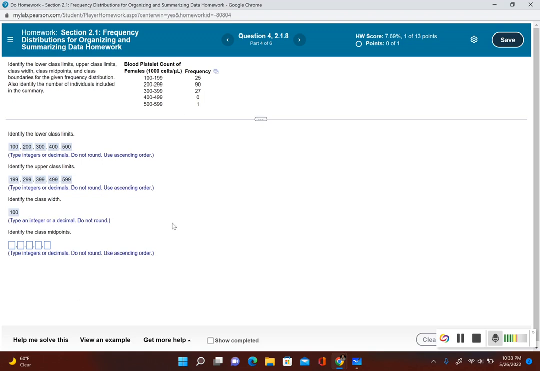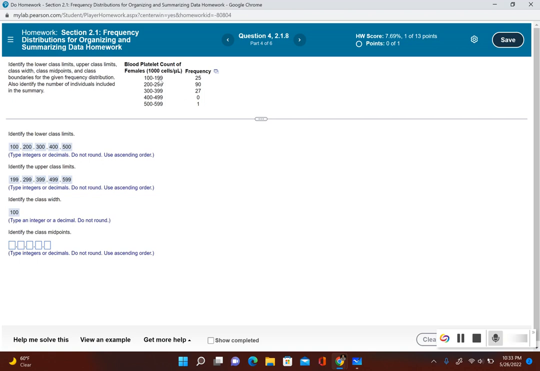Now identify the class midpoints. The class midpoint is the number that's exactly in the middle of each class. So to find the first class midpoint, I'm going to add 100, the first lower class limit, and the first upper class limit, which is 199, and then I'm going to divide that by 2.